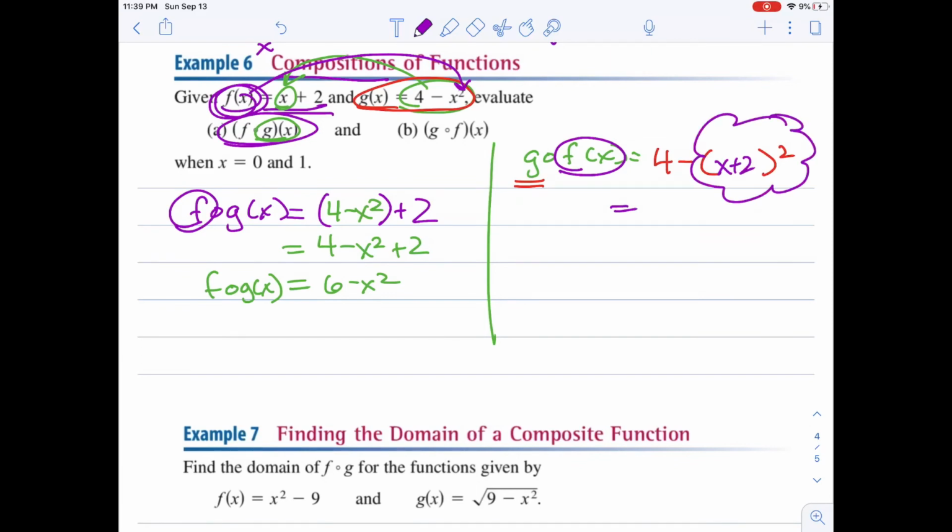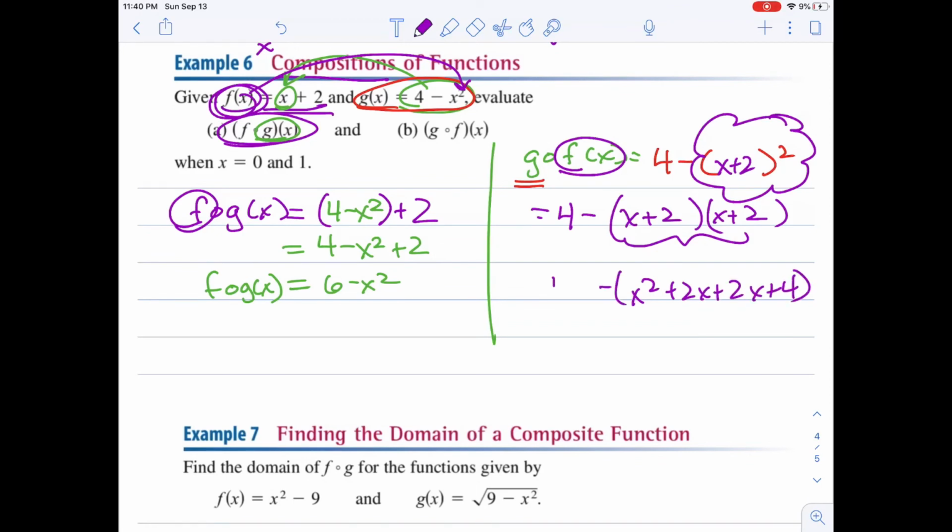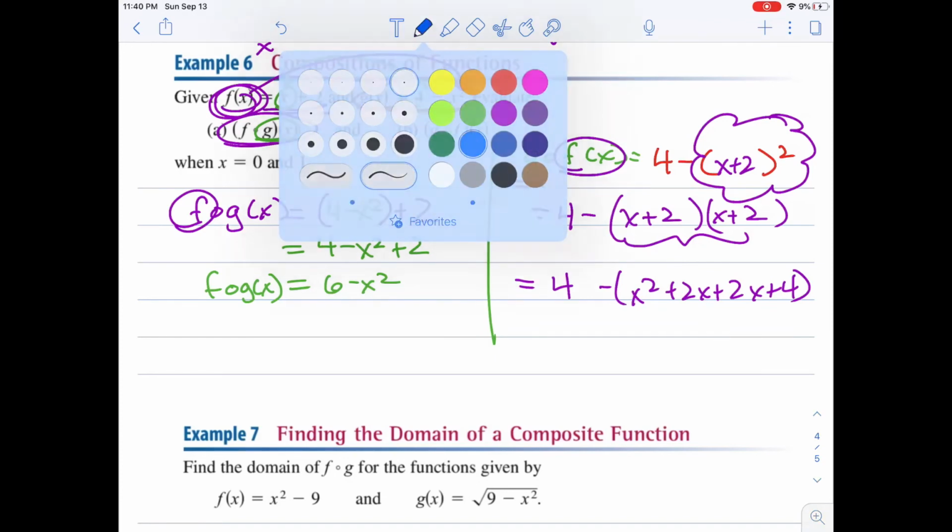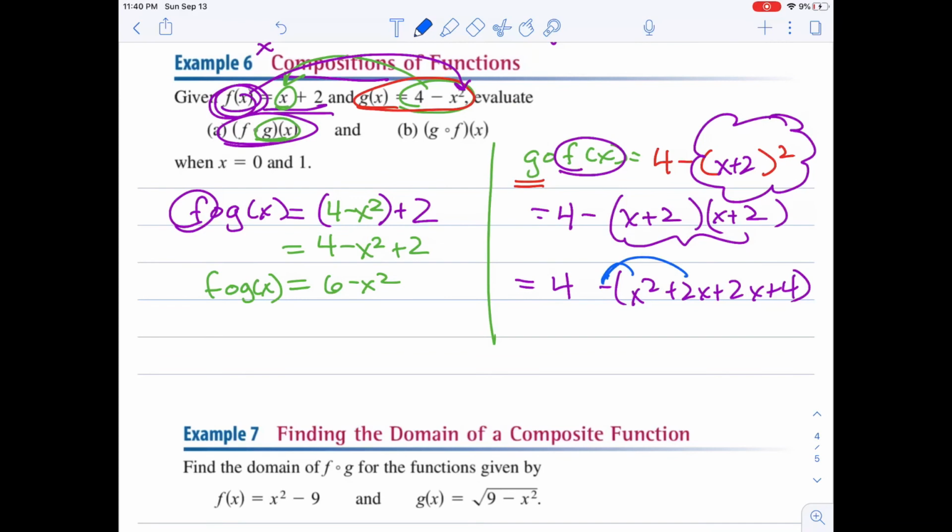Now keep in mind, this is going to FOIL here. So I'm going to give myself some more space. 4 minus, and we're going to FOIL this. We get x squared plus 2x plus 2x plus 4. First, outer, inner, last. Keep that inside of parentheses because that negative, we're going to distribute it through.